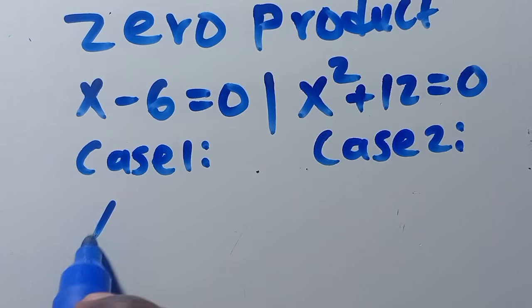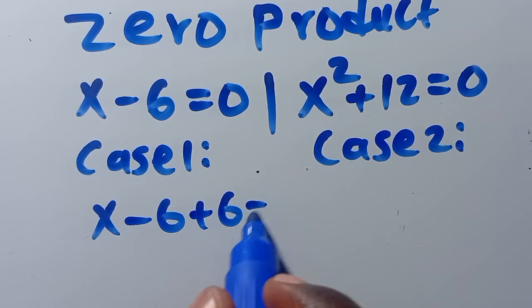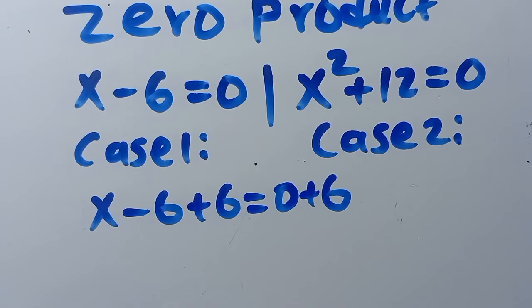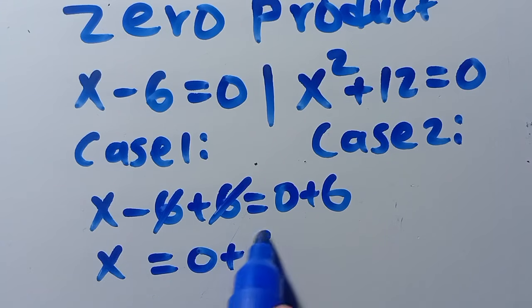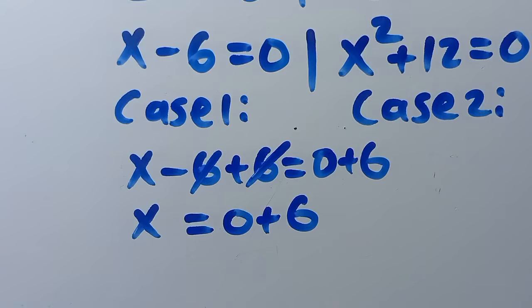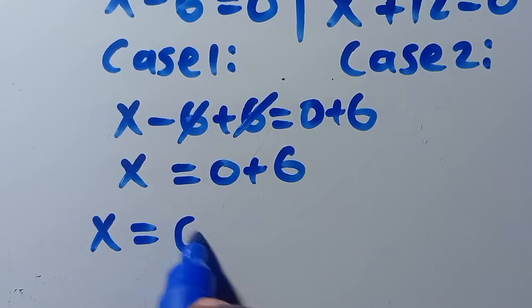So we have x - 6 = 0, adding 6 to both sides. So x equals 0 plus 6, so from here we have x = 6.